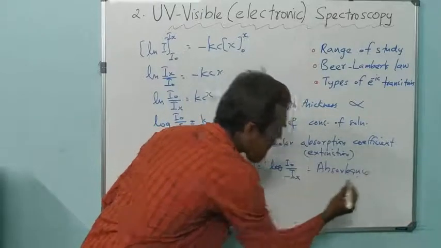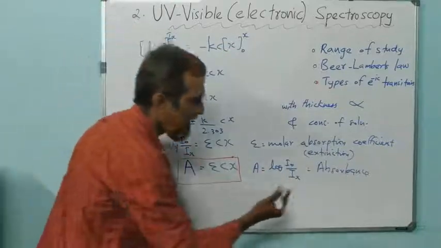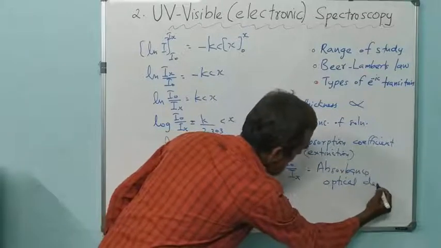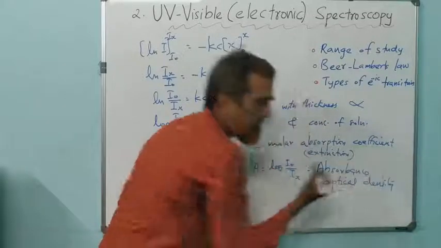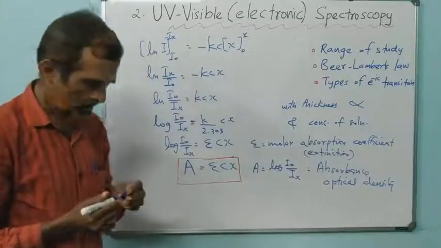That is absorbance. How far the absorption takes place in logarithmic term. It's also called optical density. Right? This is a very important term related to electronic spectroscopy, that is absorbance. So this is Beer-Lambert's law.